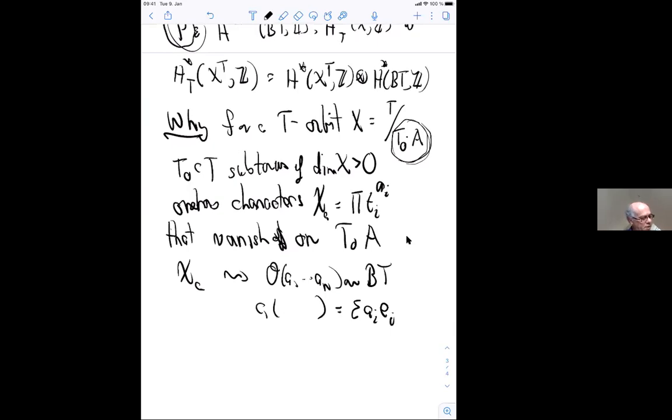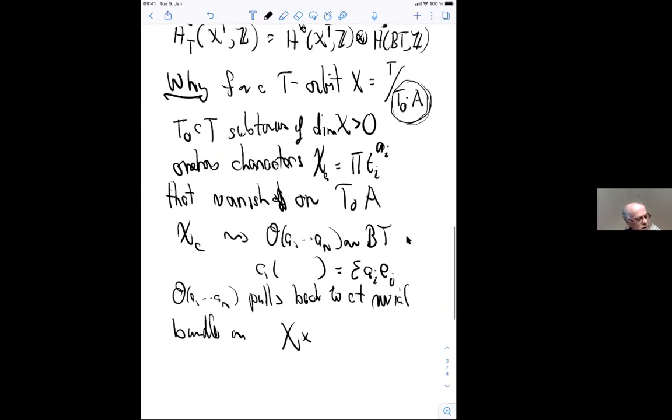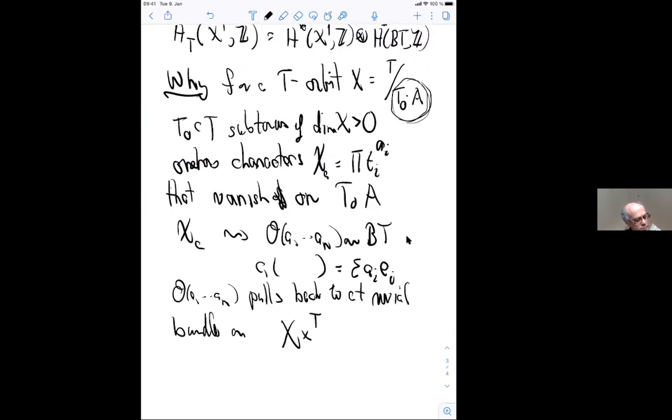So this OA1 to AN pulls back to a trivial bundle on this Borel construction. So this class here, this is like a P here.